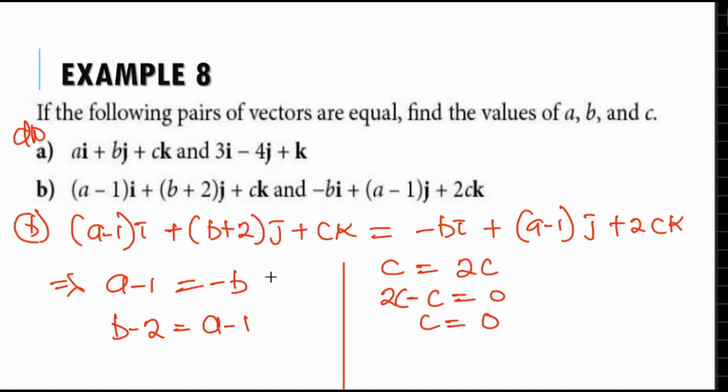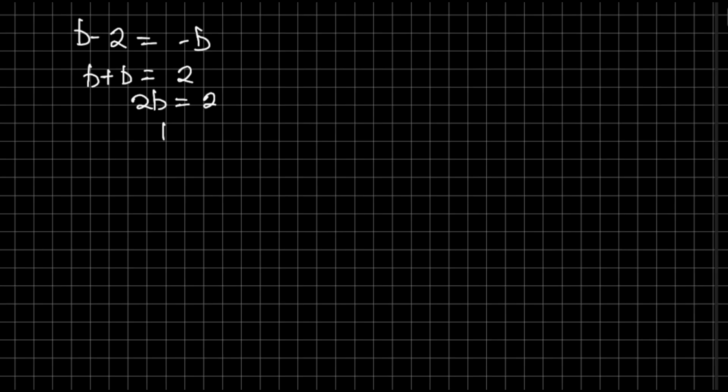From here, if we substitute minus b for a minus 1 in the second one, we're going to have that b minus 2 equals minus b. So b plus b equals 2, 2b equals 2, so that b equals 1.